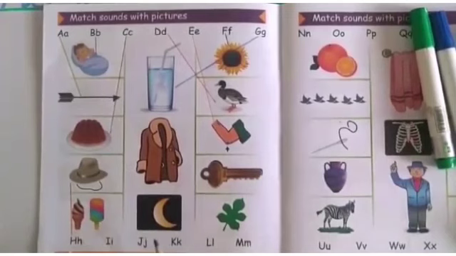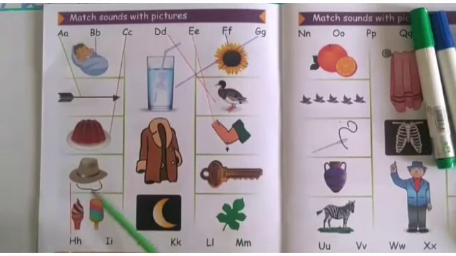Okay, so now let's move to the next one. The next sound is I, and we are going to match with the first sound. Which object will it be? It will be, yes, ice cream. Ice cream. So let's match it.